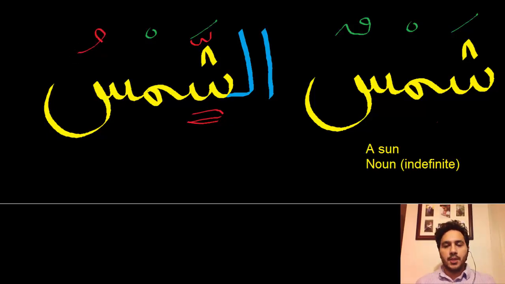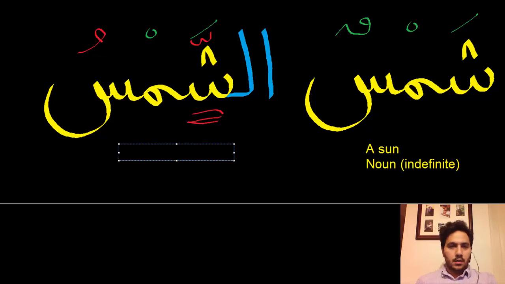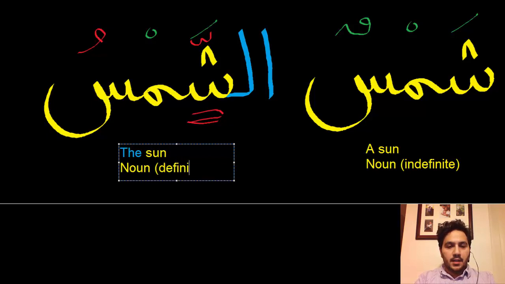So we went from shamsun to ash-shamsu. Okay, in English, that is the sun. And it's a noun, and this time it is a definite noun. So, what is the conclusion?